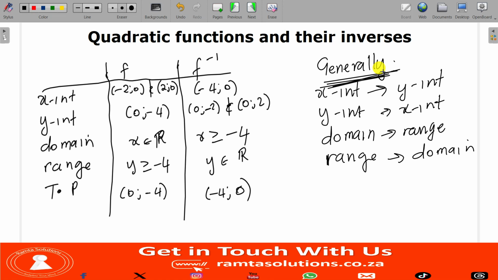If it was an x-intercept, it will become the y-intercept, but swap the values. As we have seen, here the x value is -2, the y is 0. Obviously, it must swap. It'll be 0 and -2. That's a y-intercept. It was 2 and 0. It will swap. It becomes 0 and 2. So this is a y-intercept. You get it? Just like that.